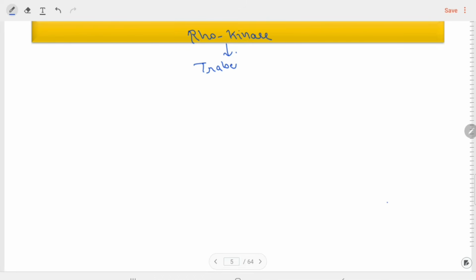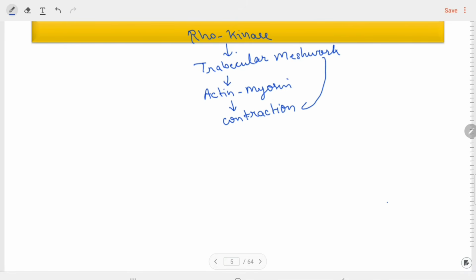This enzyme's activation will lead to the activation of the actin myosin, or the fusion of the actin myosin, that will lead to contraction. If contraction occurs in this area, that will lead to decreased outflow of the aqueous humor. Means this area becomes more dense, and that will lead to decreased outflow of aqueous humor.